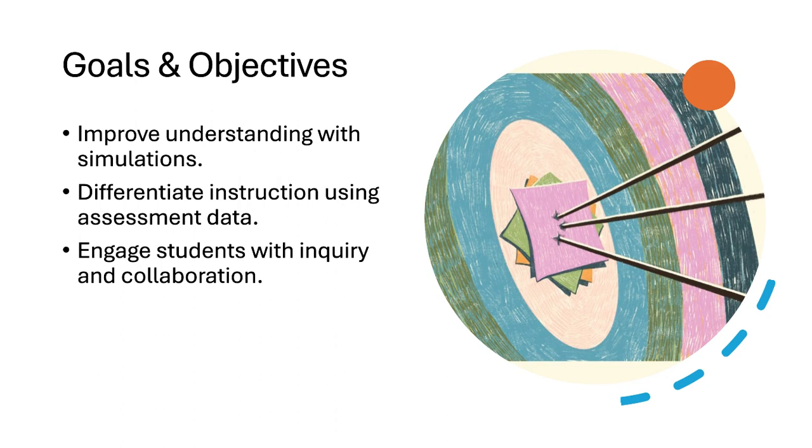What's also nice is that Amplify does have lessons where you can differentiate the instruction. So you get the assessment data back, typically after a mid-unit assessment, or there's also a pre-unit assessment. And you can really tell what the students know, what background knowledge they have coming into the unit.